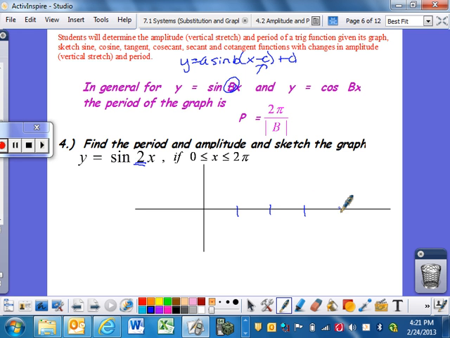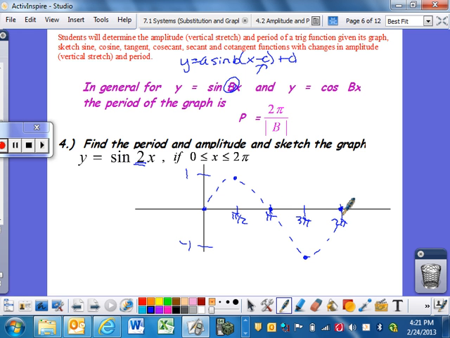The normal sine curve would be here, and then if I go 1 and -1, would go here, then up, then back down, then here, then there. That's the normal sine curve. So I have pi over 2, pi, 3 pi over 2, 2 pi, and that's kind of how I taught you how to do the sine curve.